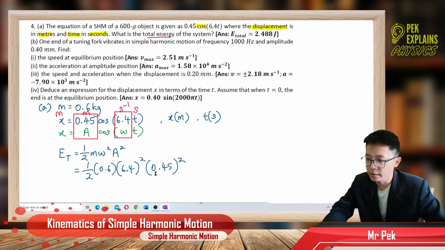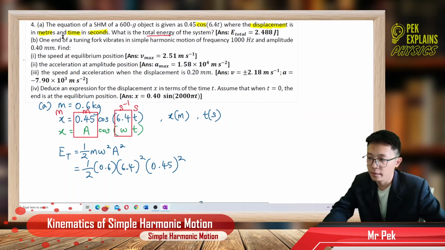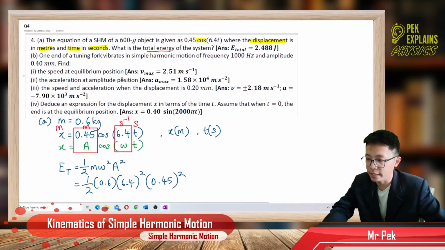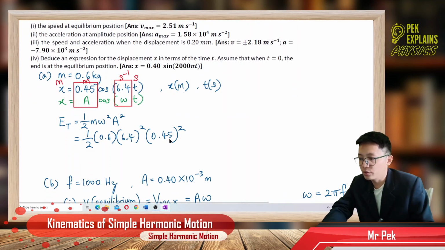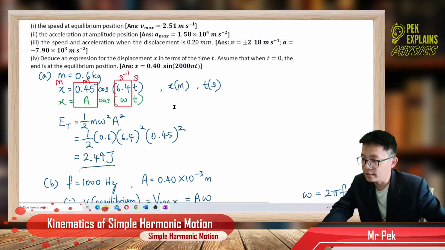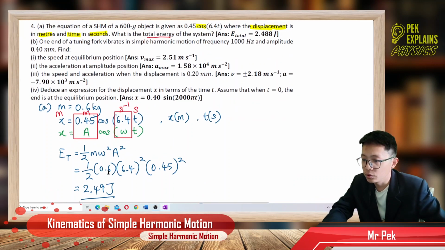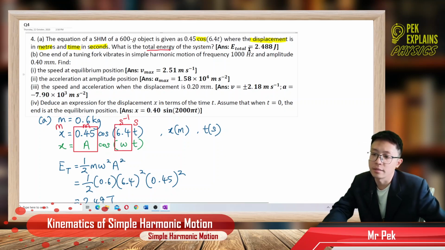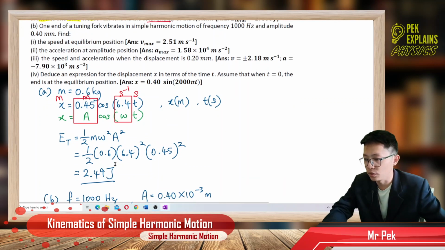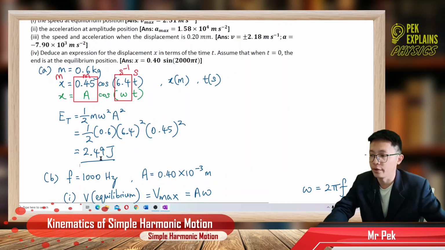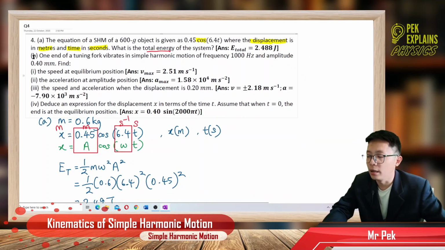So what's the answer? What's the total energy? Yes, it is 2.49 joule. Is that the answer? Yes, 2.488 joule, which is also 2.49 joule. That's correct.